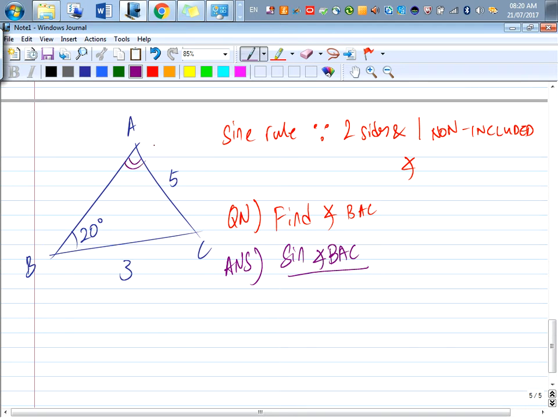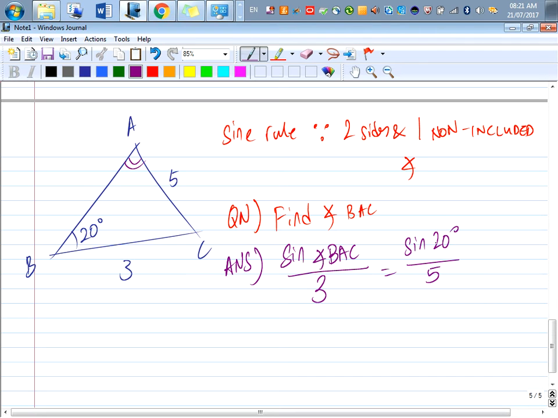BAC over here, over 3, because opposite it equals to sine 20 degrees over 5. Notice that this time I put the angle at the top because I want to find the angle. Whereas when I introduce you your sine rule, I always put the length at the top. Just be consistent. If angle at the top, the other side also angle at the top. If length at the top, the other side also length at the top.